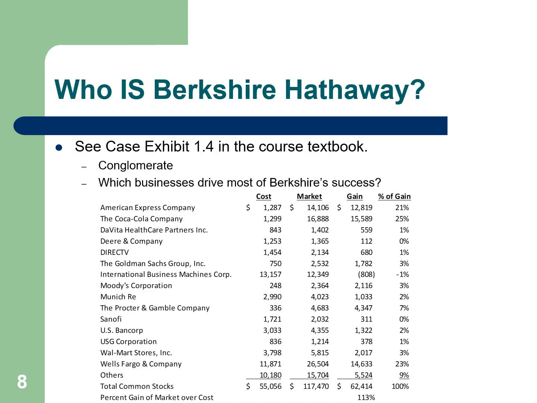overall success. The investments made by Berkshire Hathaway have been strategic and highly diversified. This slide illustrates significant holdings in major companies such as American Express, Coca-Cola, and Wells Fargo, among others. One notable aspect of Berkshire Hathaway's investment strategy is the significant gains realized from these holdings.